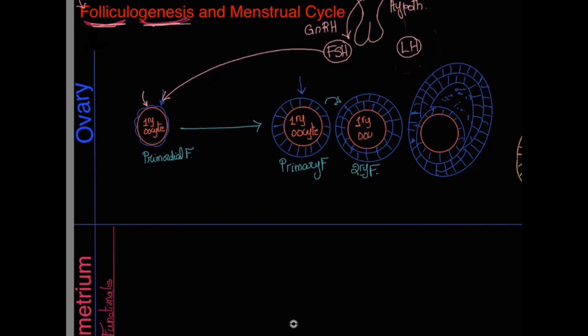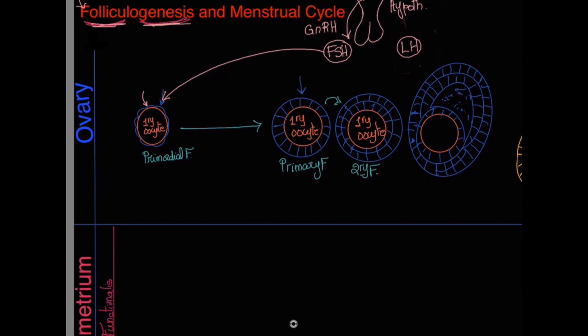Remember, you will not be able to complete meiosis 1 to allow the transformation of the primary oocyte to a secondary oocyte unless this egg is going to be ovulated. It reaches a mature follicle. So a secondary follicle is not yet a mature follicle, so I still have a primary oocyte inside my secondary follicle.